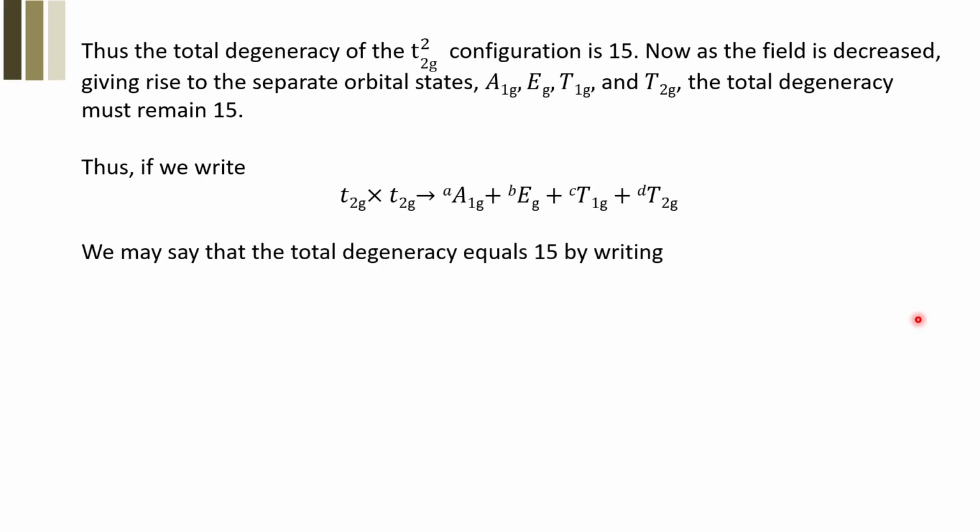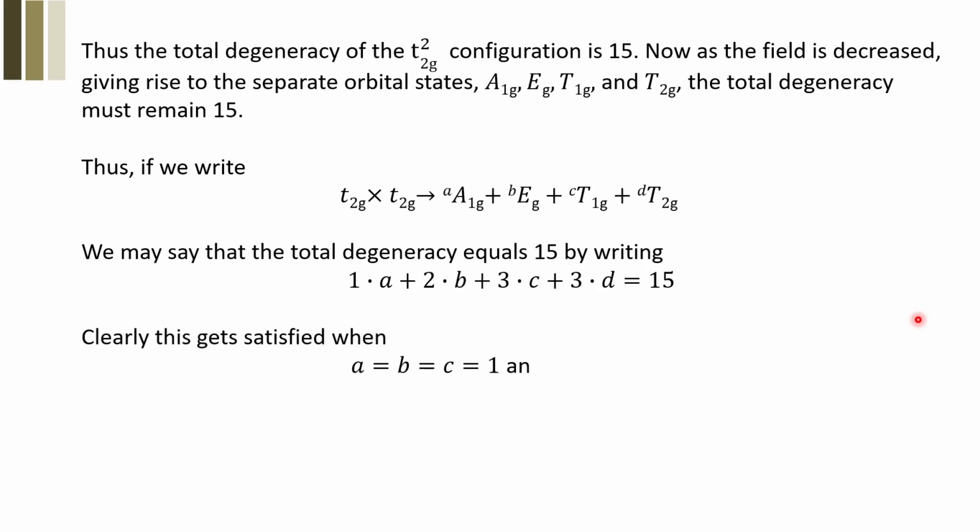And there are 15 total degeneracies, and if you go logically, this combination of 1A plus 2B plus 3C plus 3D, so the A, B, C, D values, the summation should be 15. When we wish to identify these values, we suggest that A, B, C are equal to 1, but D is equal to 3. This is one of the possibilities, although there are other possibilities as well.